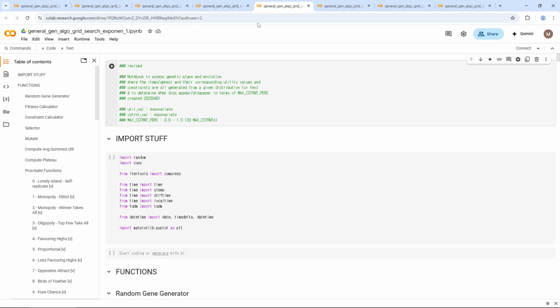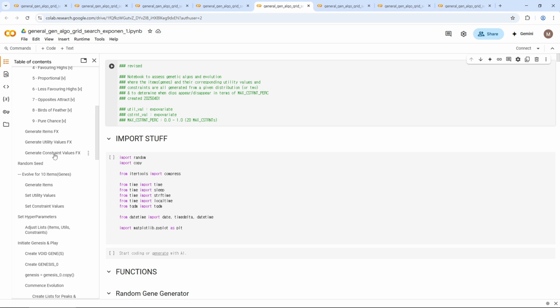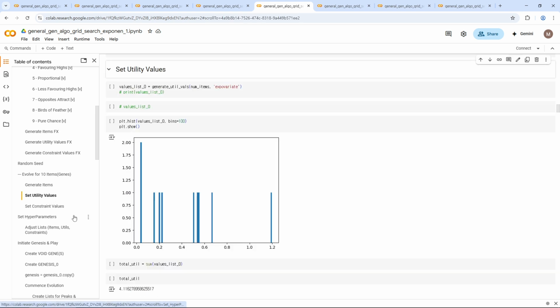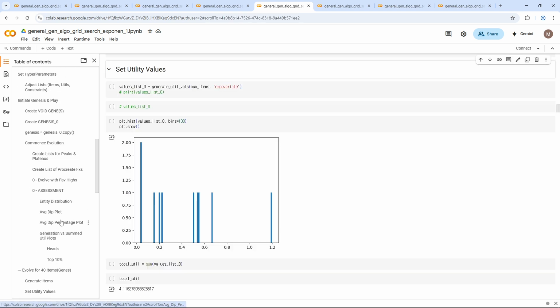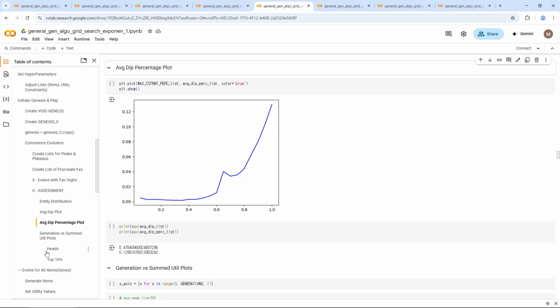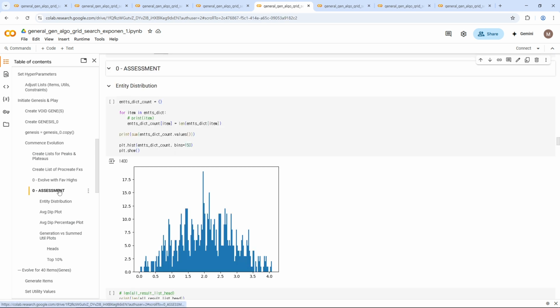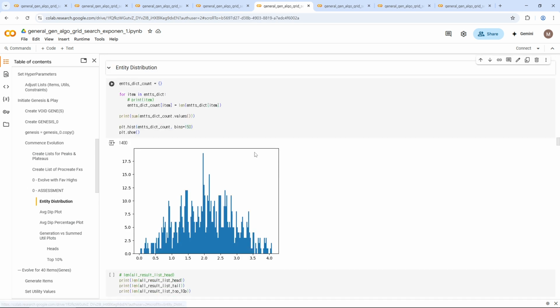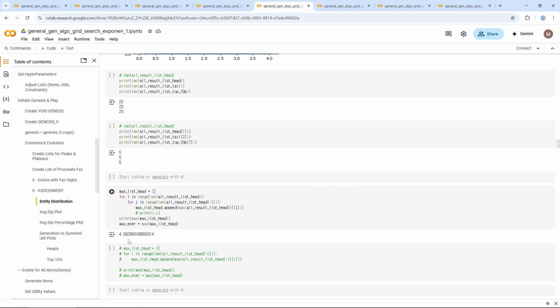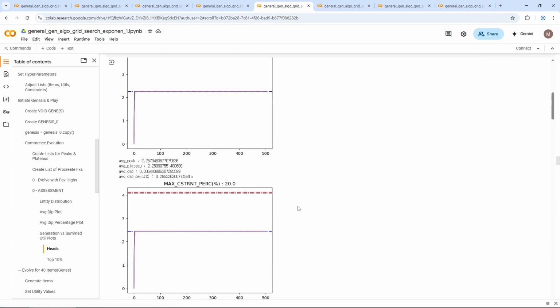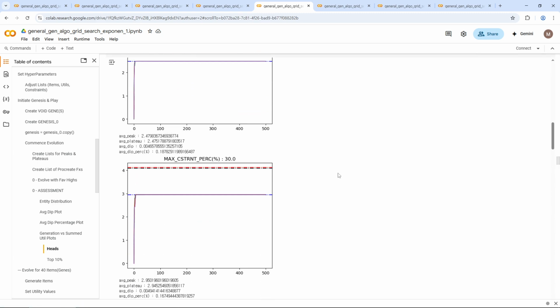Yeah. And let's have a look at the exponential distribution. 10 items, average percentage plot, usual, heads. When do we hit the maximum value? I don't know, max ever was 4.08. When do we hit that? Again, probably towards the end.